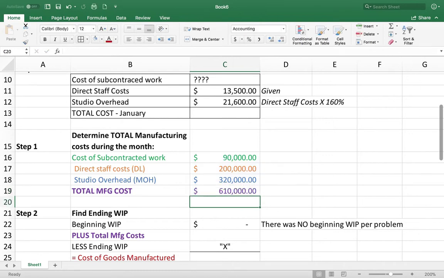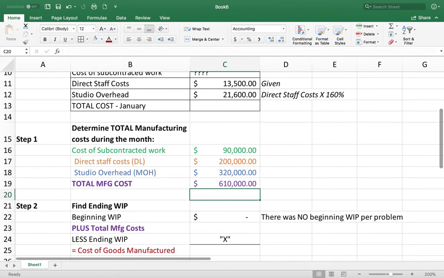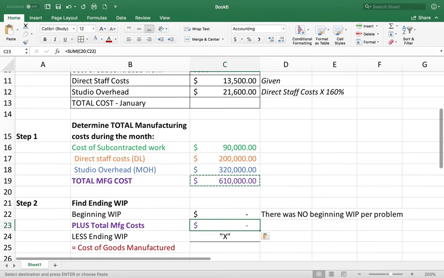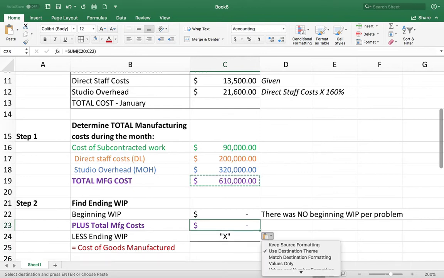Okay, great. So now that I know that, I can start to back myself into other things. That's my total manufacturing cost. Those are actually going to go down here, because if we remember the cost of goods manufactured, paste the value. Okay, thank you.